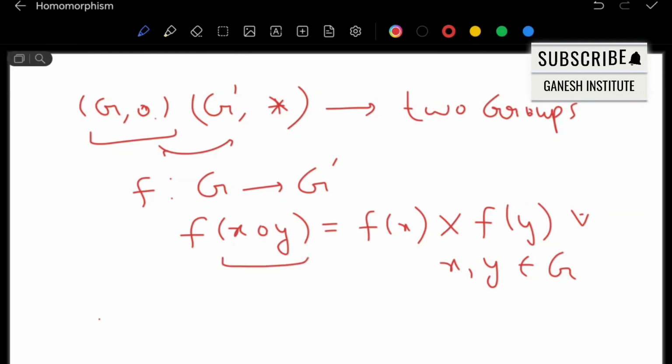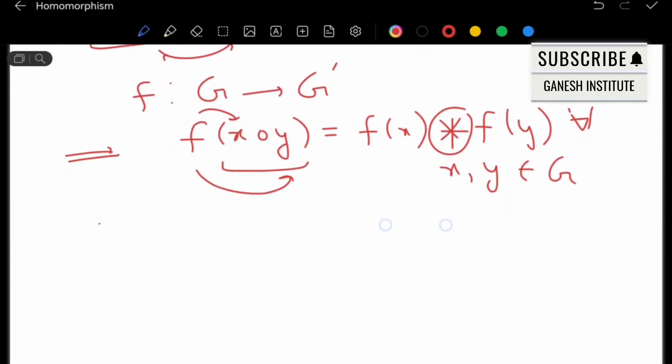So if we take x and y and we have this binary operator in between them, then we can have the expansion as f(x) and f(y) but with the second operator, for all x, y belonging to G. This has to be satisfied.